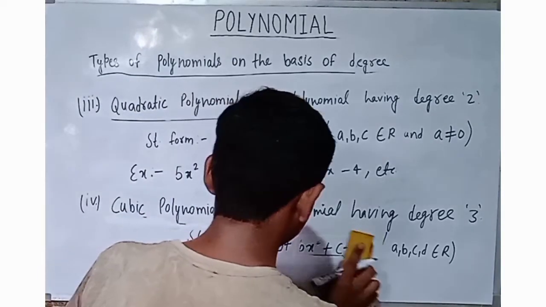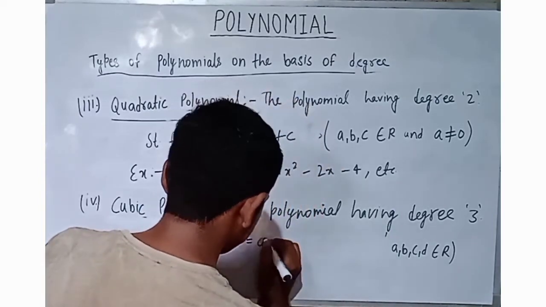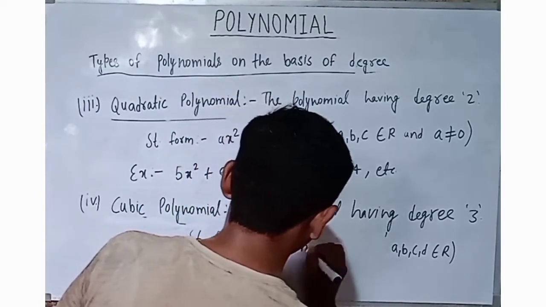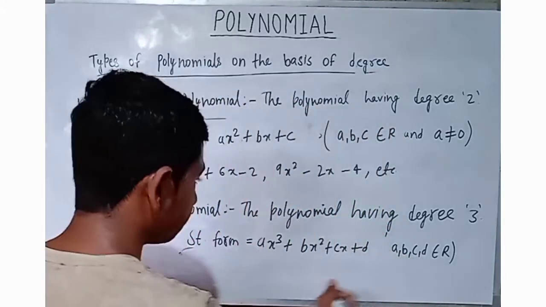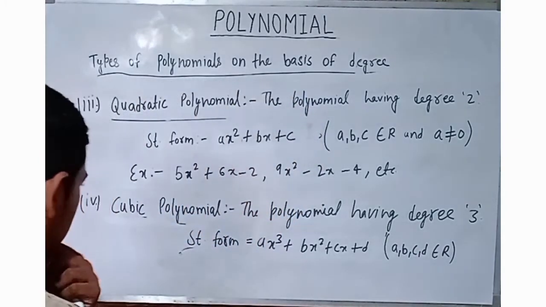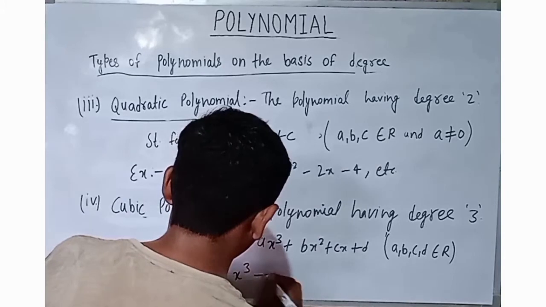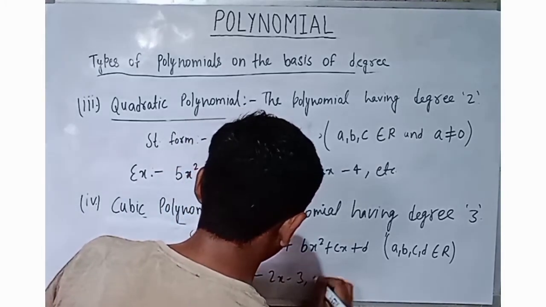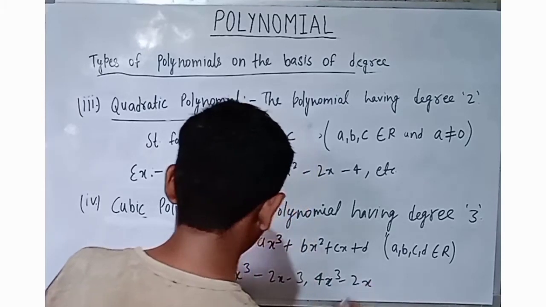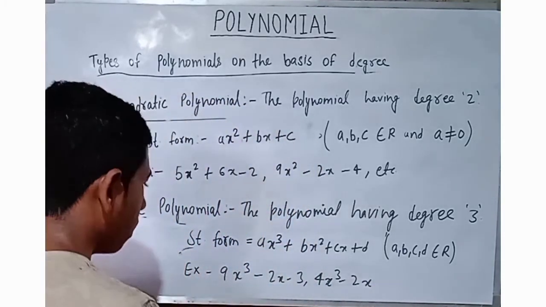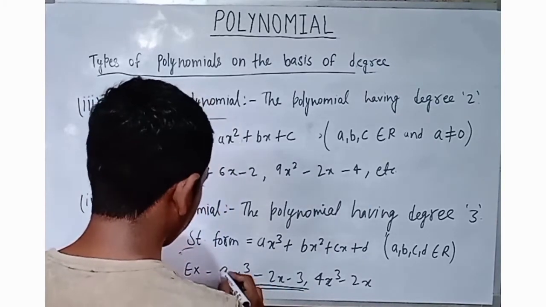Okay, I'm writing this ax cube plus bx square plus cx plus d in brackets. For example, 9x cube minus 2x minus 3. Another example, 4x cube minus 2. You see here that it can be a cubic polynomial.